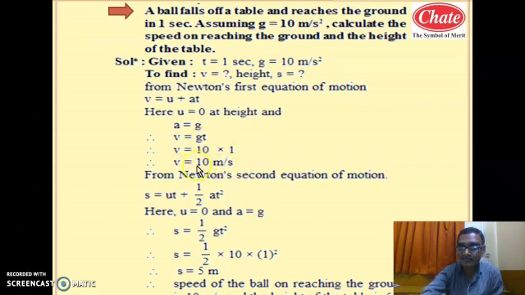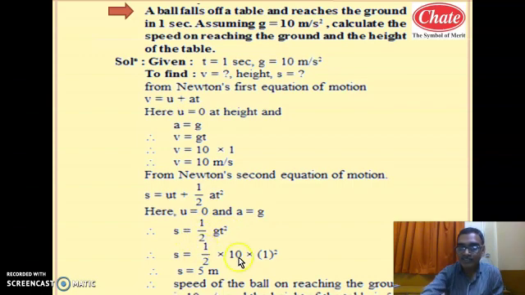From Newton's second equation of motion, s equal to ut plus half at square. Here u equal to 0 as the ball is falling from the table, so the initial velocity is 0, and a equal to g. The distance traveled by the ball is the height of the table, so s equal to half gt square.